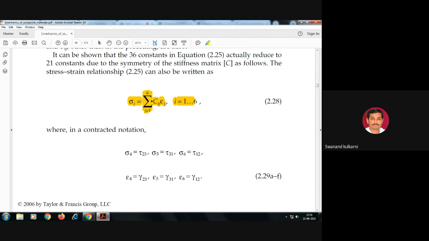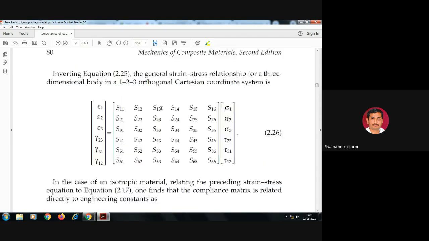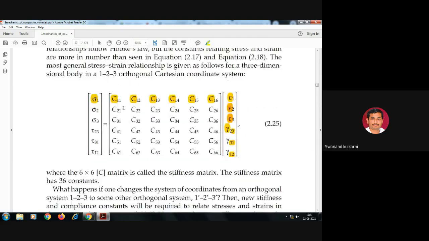And we are going to make the summation of that, because here also we know that C11 into epsilon 1, C12 into epsilon 2, C13, we are multiplying and making addition also. The corresponding element of the row we are multiplying with the corresponding element of the column, and then we are taking the addition of them.